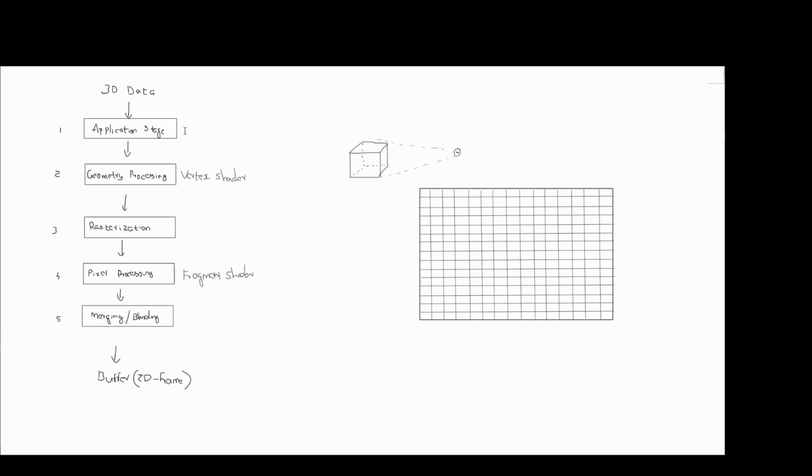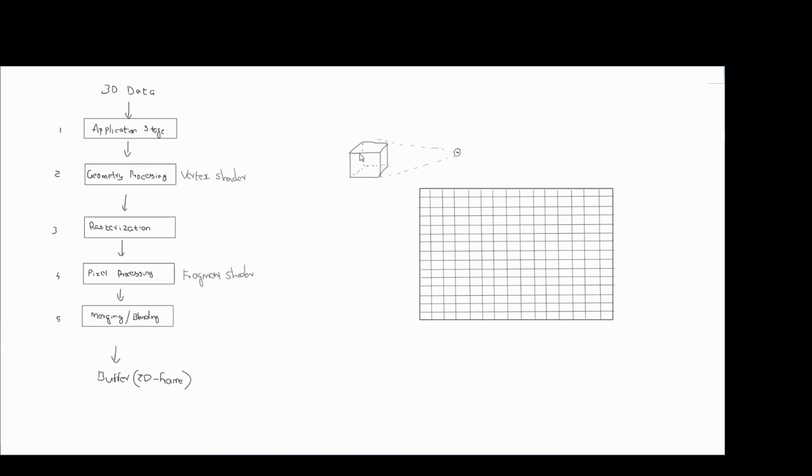So this application stage is basically a CPU bound process, and the later stages are all GPU bound processes. In the geometry processing stage, the GPU receives the data from the CPU, mainly the 3D coordinates of the objects, and this stage converts the 3D coordinates into 2D coordinates.